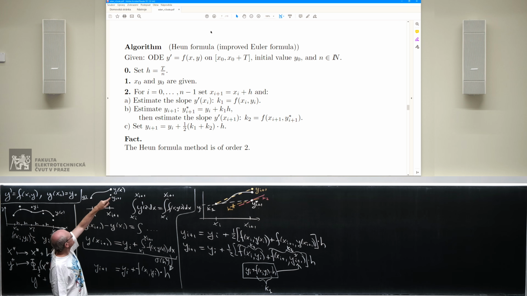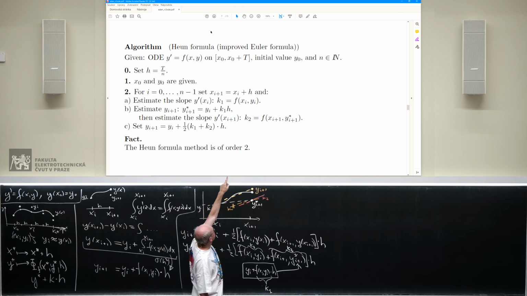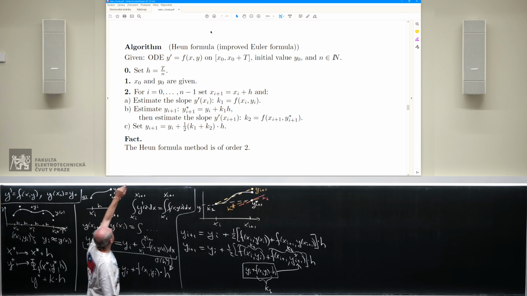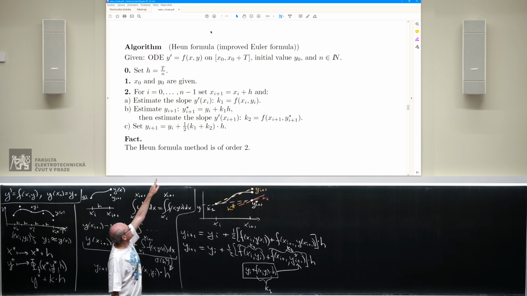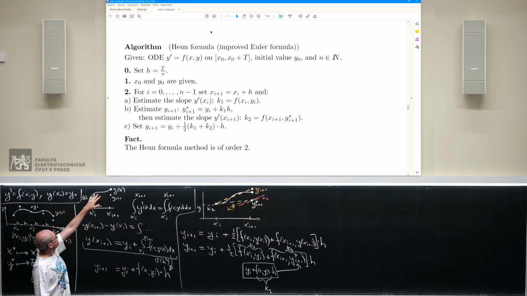And when we have it, we use it to estimate the slope at the endpoint, k2. That's exactly this formula, so it all fits. And then finally, you combine these two slopes, k1 plus k2 divided by 2, that's the average, and use it as the slope for the official step.